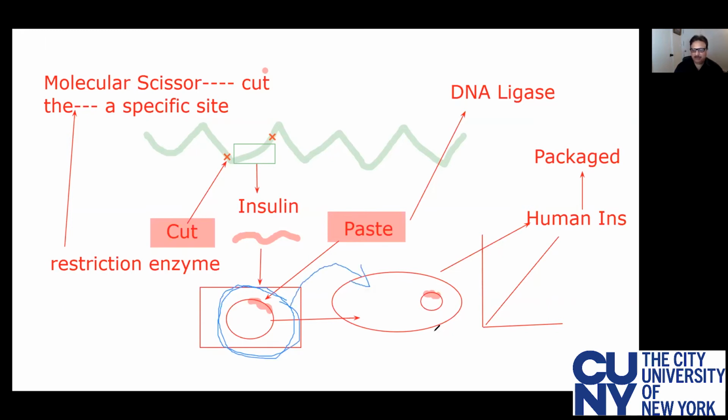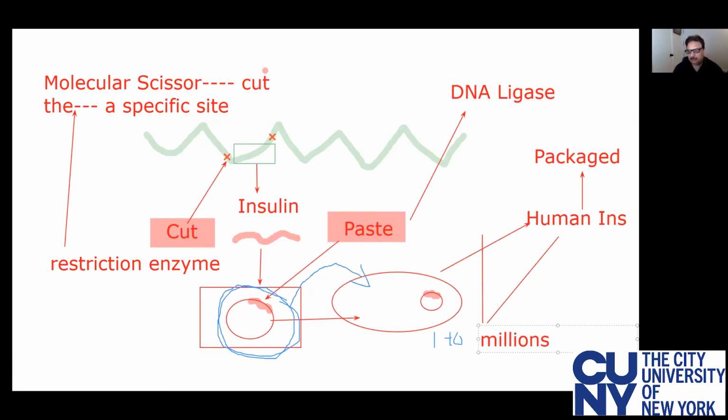Now from one bacteria, millions of bacteria can be produced. So when one bacteria generates millions of bacteria which are identical, that is called cloning.